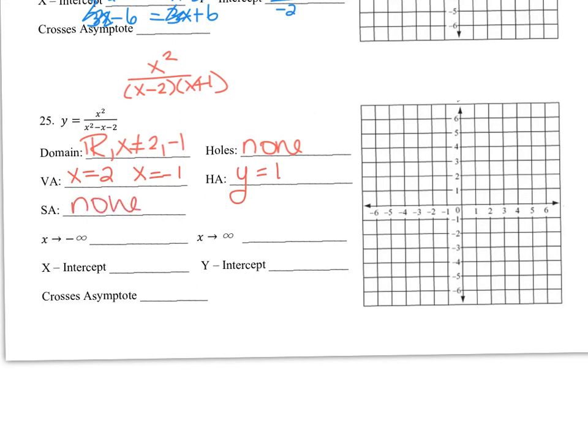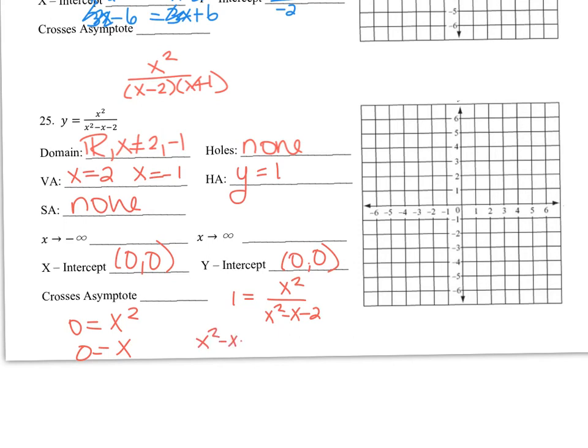My x-intercept is where the numerator equals 0, so x is 0. My y-intercept is whenever I plug in 0. 0 squared is 0, so it's (0, 0). And determine whether or not it crosses. Take my horizontal asymptote, which is 1, and set it equal to x squared over x squared minus x minus 2. So multiply by the denominator on both sides.